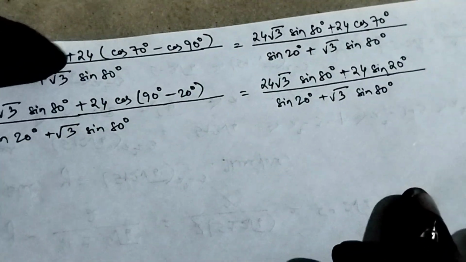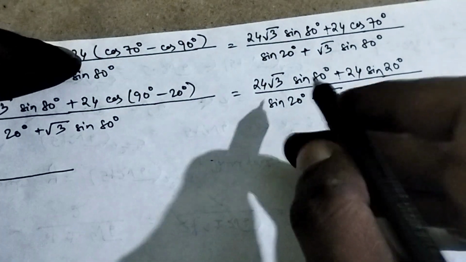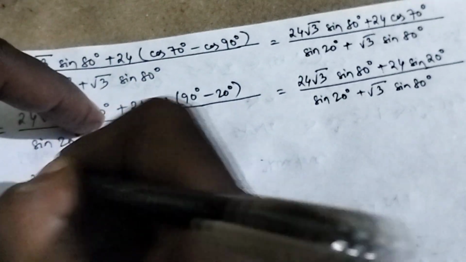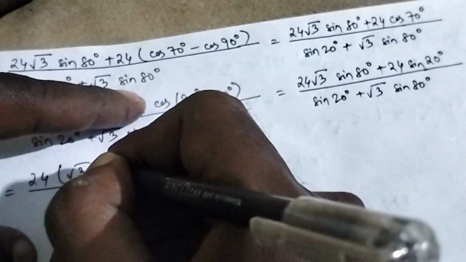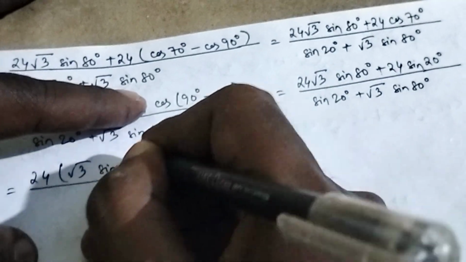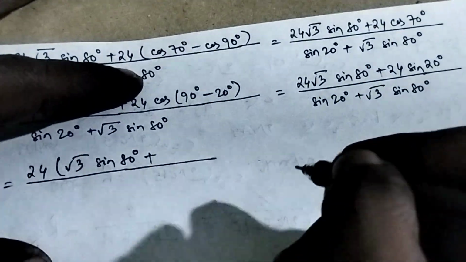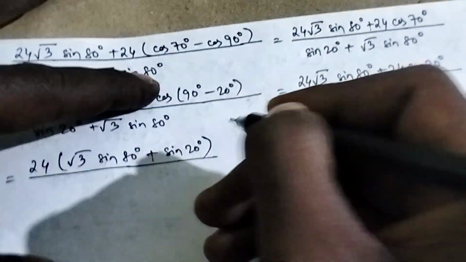So now what will I do? Here I will take 24 common. What will remain? Root 3 sin 80° plus sin 20°.